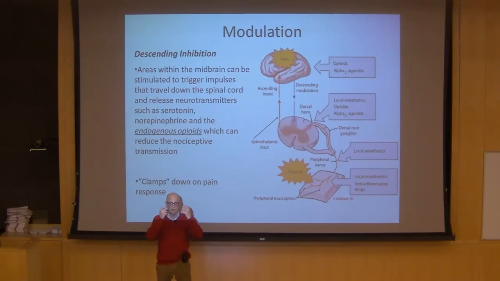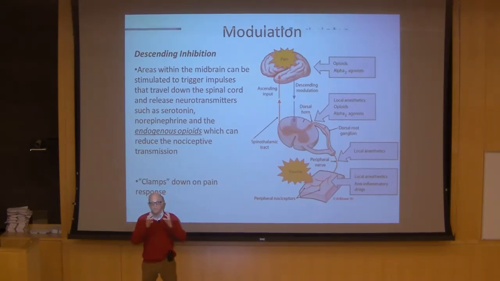So in a way, the brain is modulating that transmission of pain. And these parts of the modulation events happen at the dorsal horn, and this is where you have receptors that are receptors for the opiates.